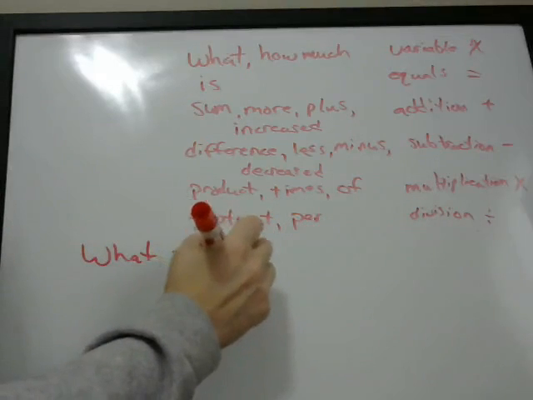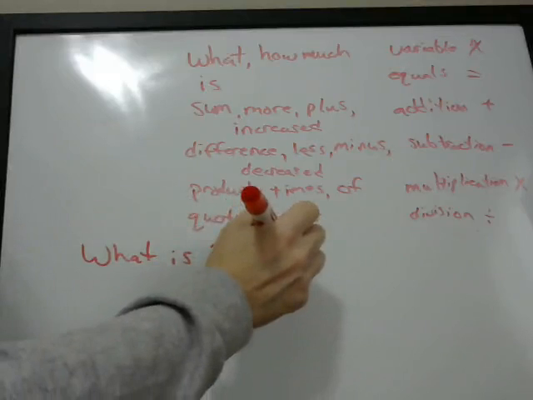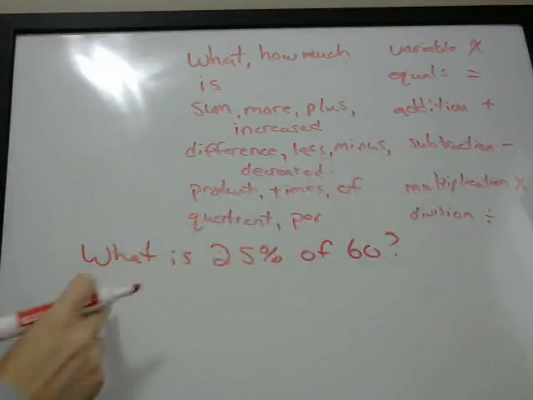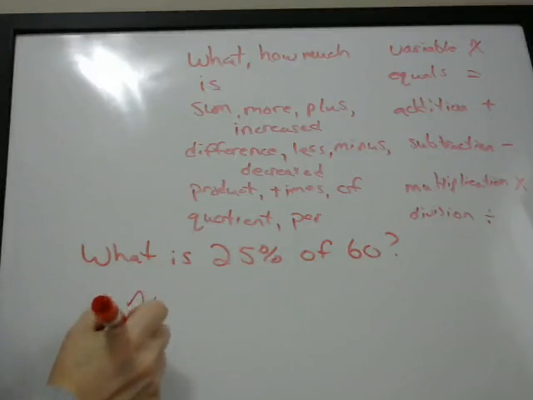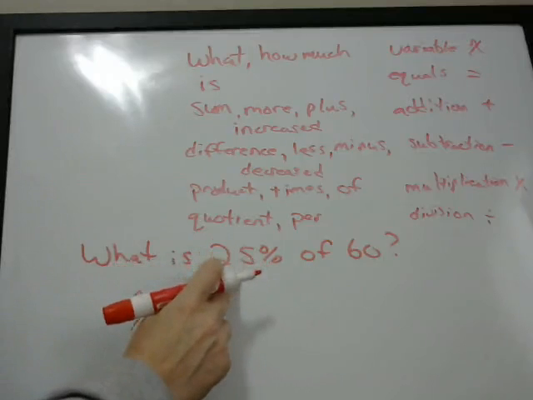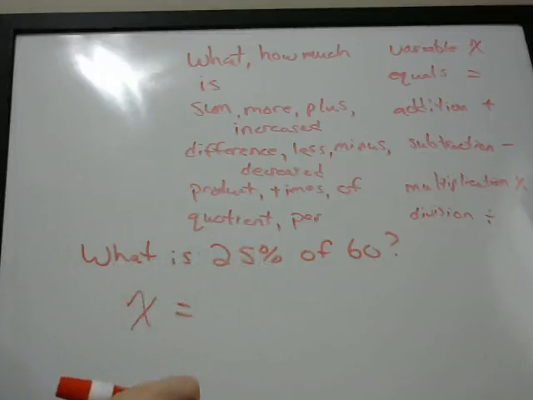Here's a kind of problem you'll see on the test for sure. What is 25% of 60? What? That's our variable. Is means equals 25%. Remember in the percentage video, we can't multiply percentages, we have to multiply decimal numbers.